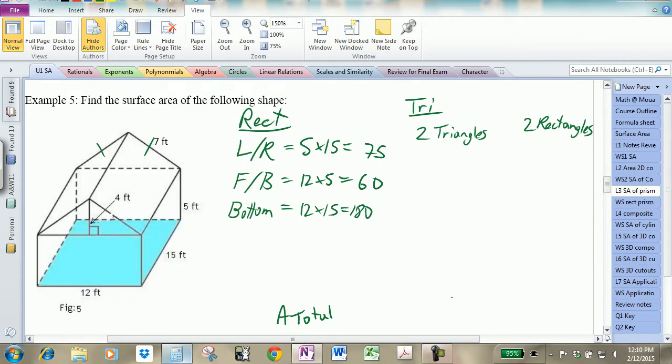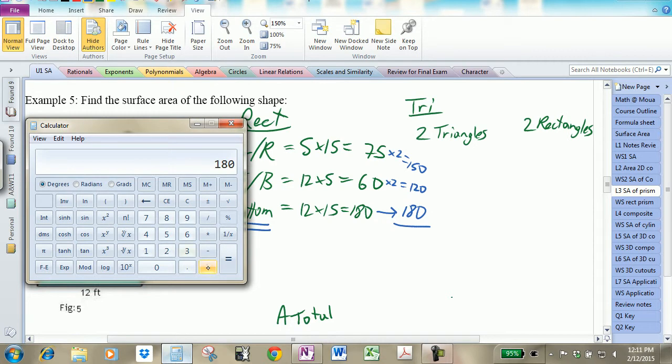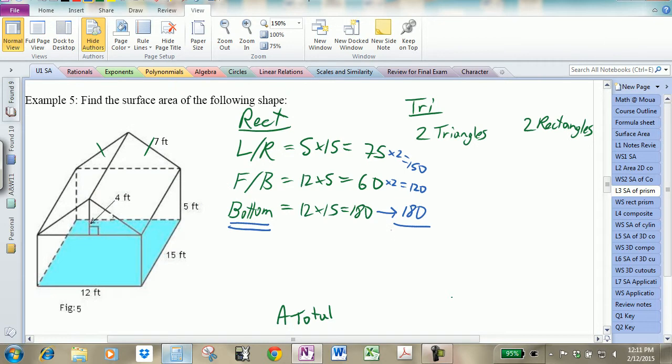Now here's where you gotta be careful: you gotta multiply this one by 2 to give you 150. Multiply this one by 2 to give you 120, but this one just stays as 180 because it's only the bottom. You don't want to double the bottom because it's singular. Okay, so it's a little tricky with this one. Add those guys up. 450. So you don't have to do the total there, you can just do it at the end.